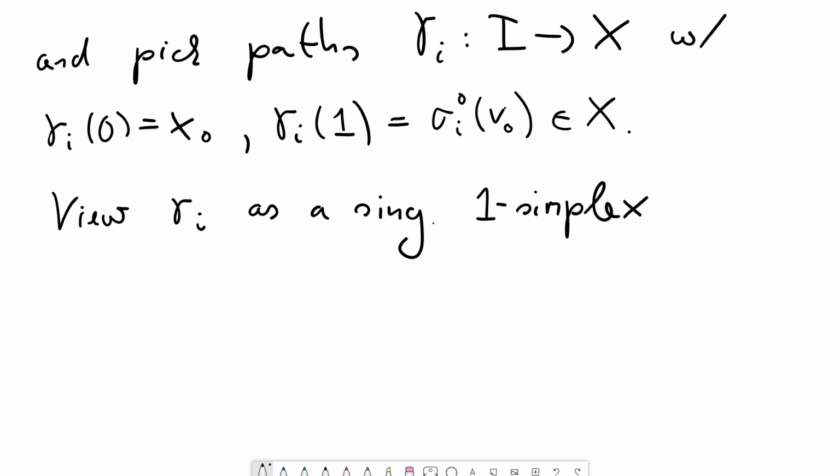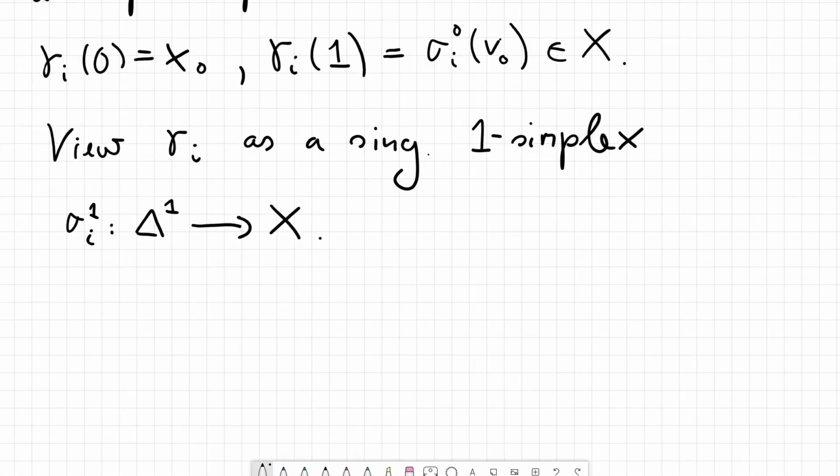So we view gamma i as a singular one simplex sigma i1 starting at delta 1, which is the same thing as I, or can be canonically identified with I, and this maps to X. So in such a way, all those paths can be interpreted as singular one simplices. And now I claim that simply the sum of all those singular one simplices with coefficients r_i will give us the desired pre-image of our given zero chain. So let's make that calculation.